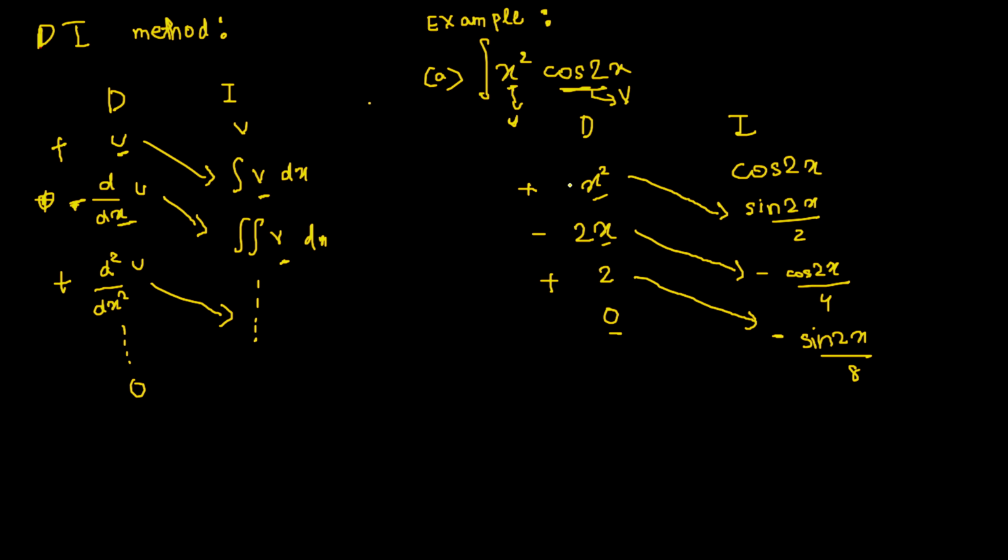So since we had to differentiate it 4 times to get to 0, we'll integrate cos 2x 4 times. So integration of cos 2x gives me sine 2x by 2. And integration of sine 2x by 2 gives me minus cos 2x by 4. And again, another integration which gives us minus sine 2x by 8.